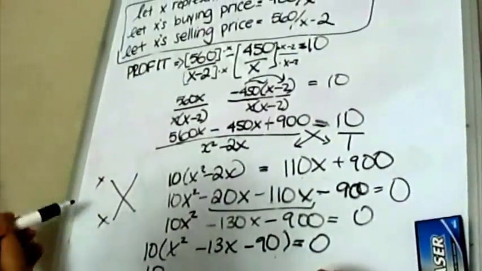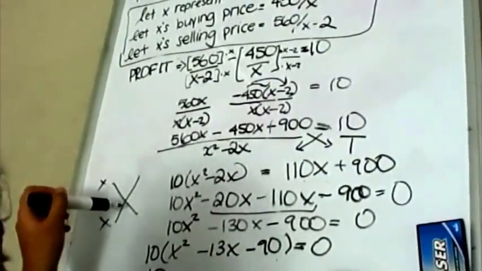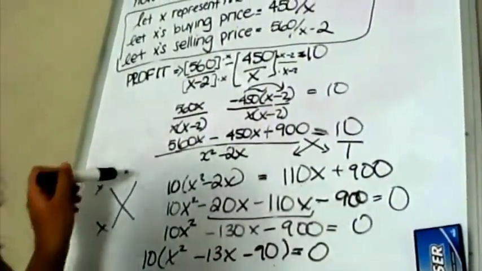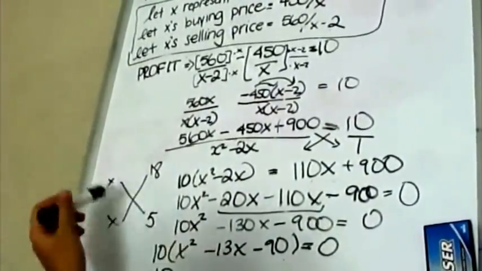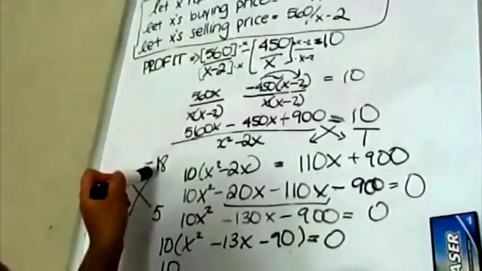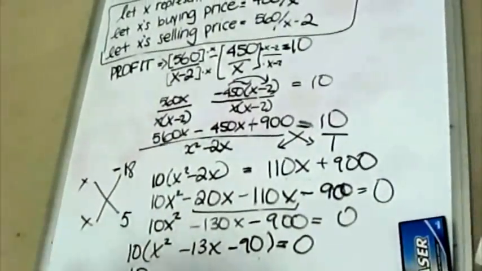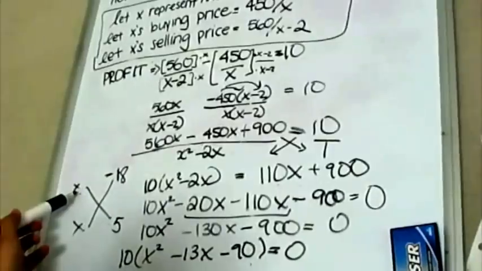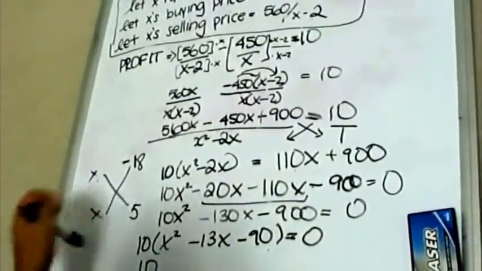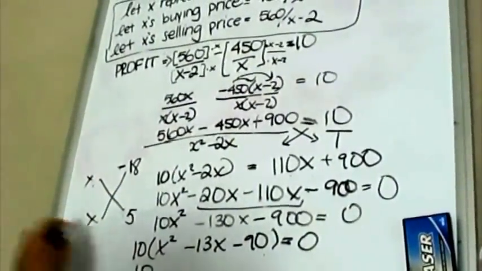Here, x times x gives you x squared. And you're going to have 18 and 5. Since you want it to be negative 13, let's make the greater number negative. And what happens here is 5 times x is 5x, and negative 18 times x is negative 18x.